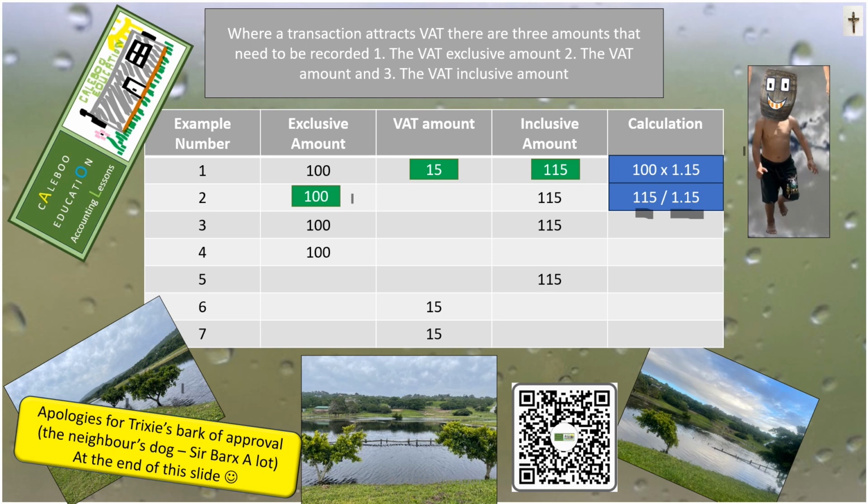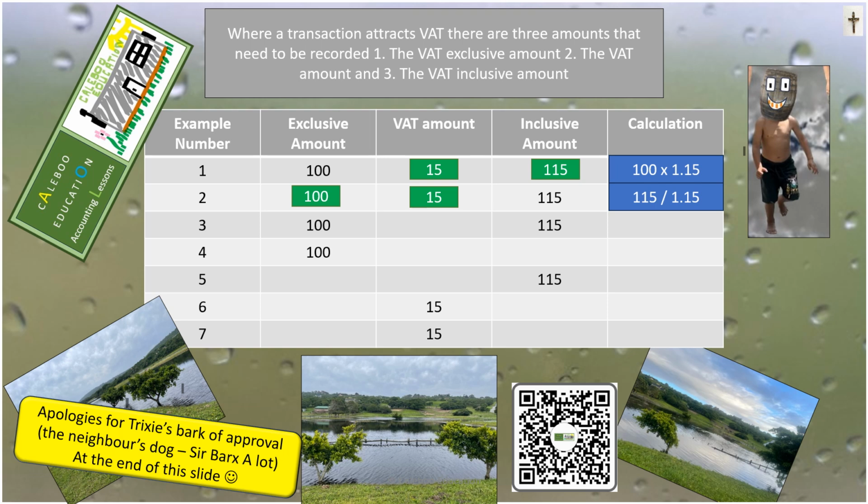And to calculate the VAT amount, I just say 115 minus 100 is equal to 15. You will get the hang of this very quickly. If you don't get it straight away, you just need to watch this video a few times. Let's move on.